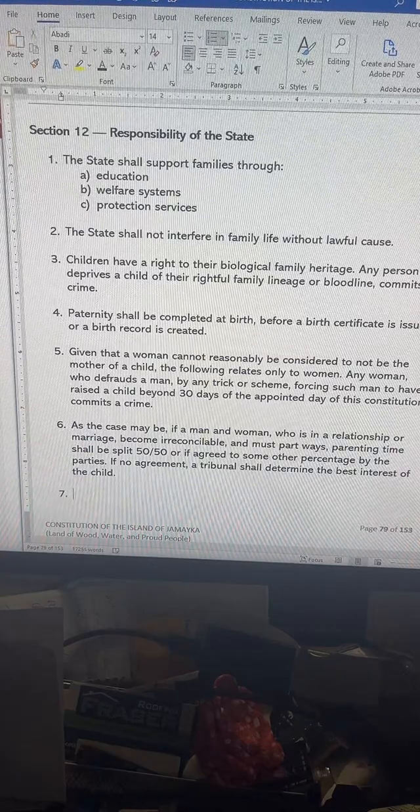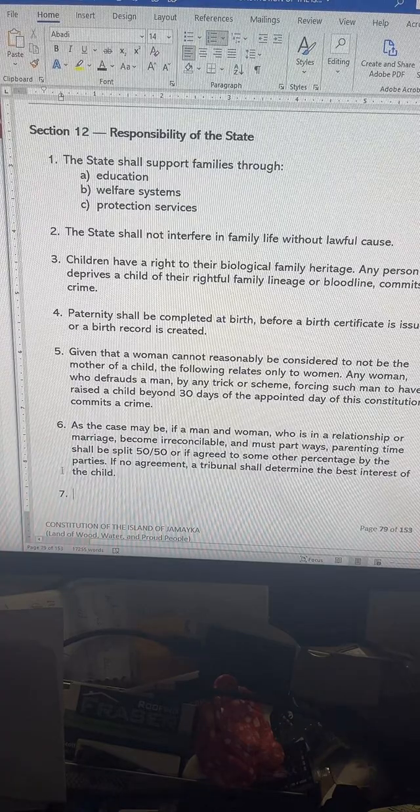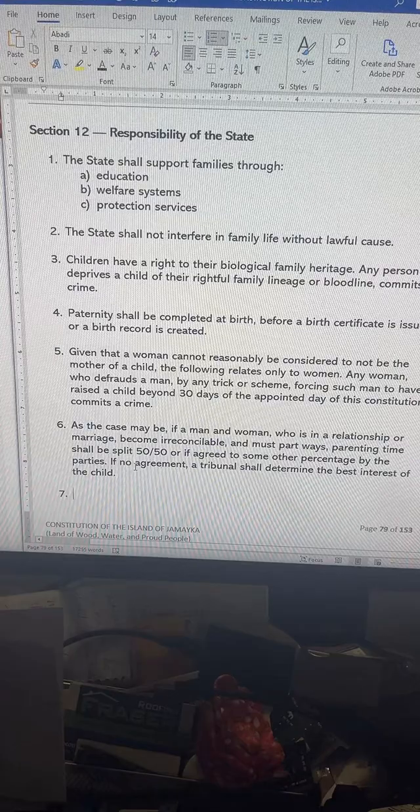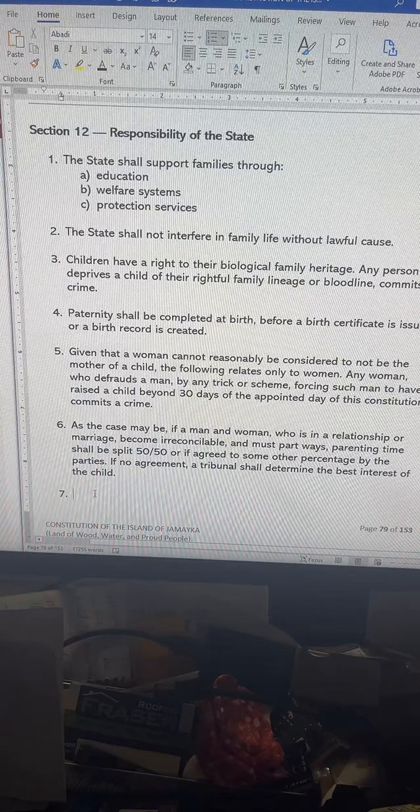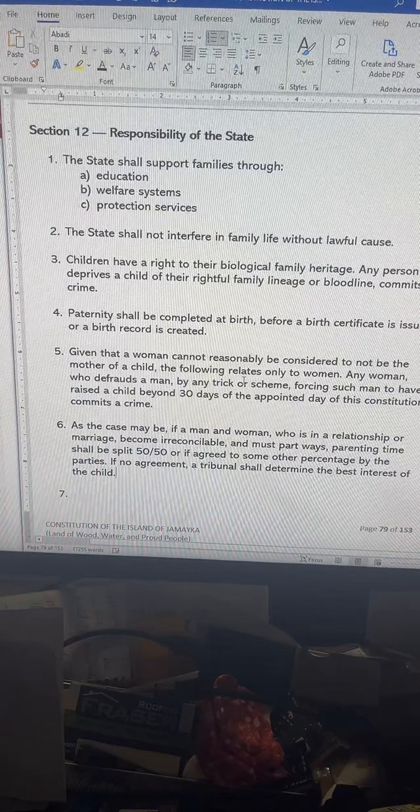Very simple. And of course, we're going to list the best interest elements and the best interest test so that the child can benefit. In some cases, one parent may be unstable. And let us put this as well.